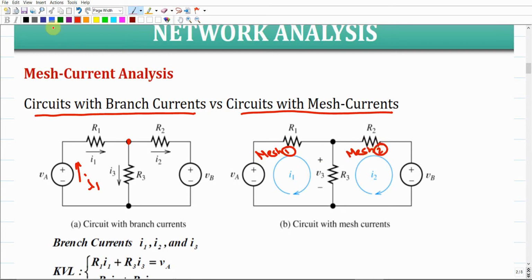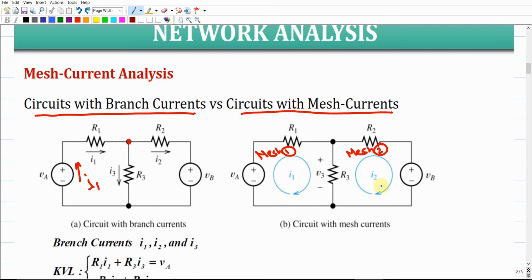For example, in the loop, for instance, we may have loop 1, loop 2, and there should be loop 3 that goes all over the circuit, and we're going to skip this branch, right, for the electrical circuit. But here, we cannot do this. Basically, we should identify I1 and I2.